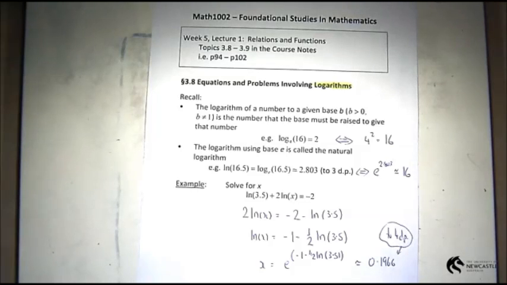So I can say that's the same as log 3.5 plus log x squared is equal to minus 2. And there I used the log law that n log x, it doesn't matter what base you use, is log x to the n. That was one of the log laws we had last week. So I've used that.